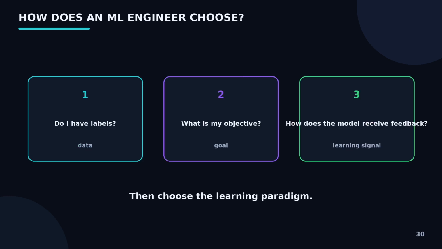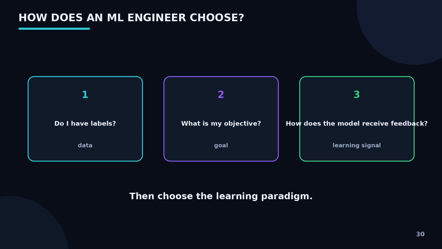When you are working on a real ML project, don't start by asking which algorithm should I use. First ask, do I have labeled data? What exactly am I trying to achieve, and how does the model receive feedback? If I have labeled examples and want to predict a target, supervised learning may be appropriate. If I have no labels and want to discover structure, unsupervised learning may be appropriate.